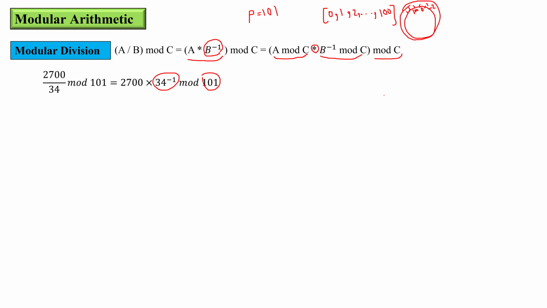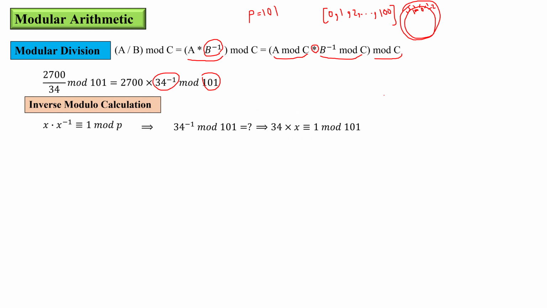So how can we compute and find a value in this circle that equals the inverse of 34? Okay, let's see. In modular arithmetic, the inverse is a value such that when you multiply a number with its inverse, their multiplication equals 1 in mod p, which is 101 here.